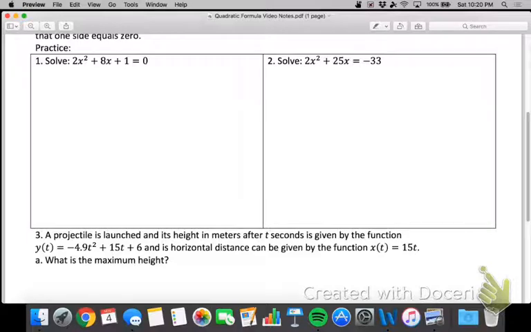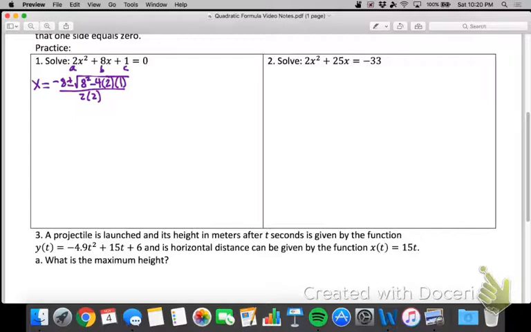Remember, this coefficient is a, this one's b, this one's c. So x equals negative 8 plus or minus the square root of 8 squared minus 4 times 2 times 1, all over 2 times 2.